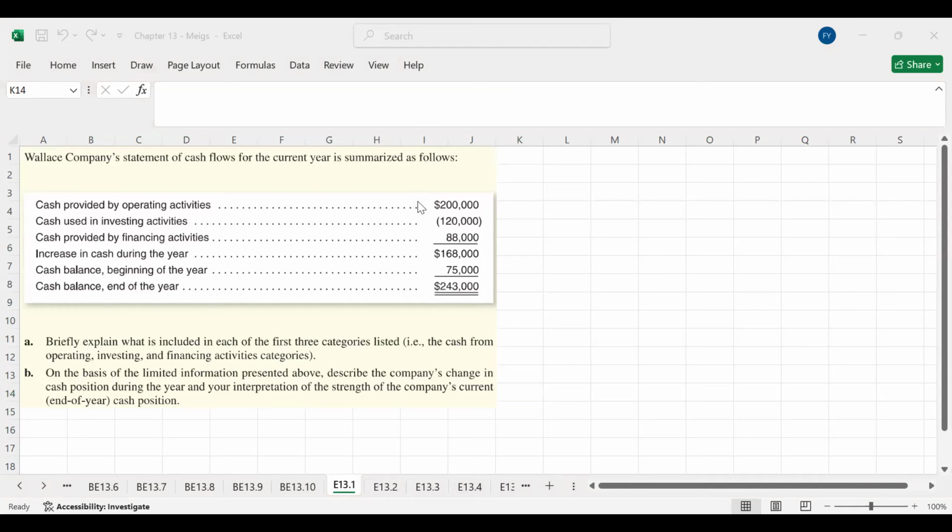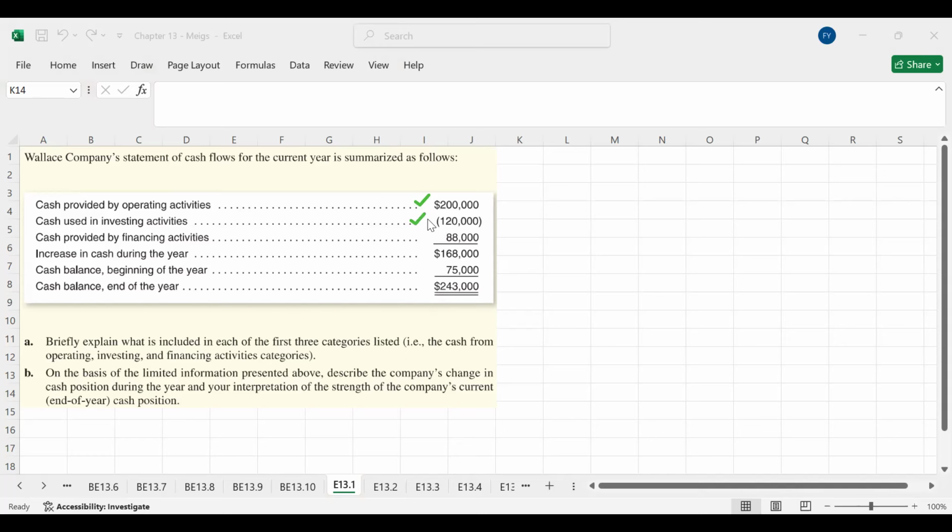So, this cash flows, the cash provided by operating activities. This is the part of operating activities. As this is cash provided, this is the positive balance, or you can say net increase from operating activities. Then we add cash used in the investing activities.